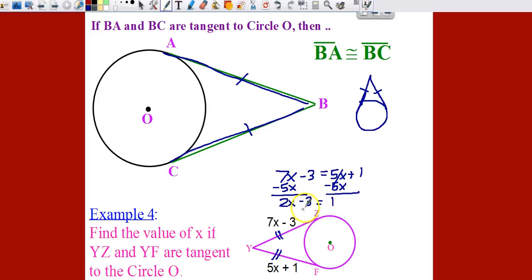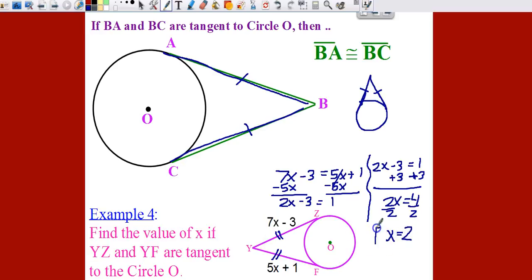Next step, solve for x, is to add 3 to both sides. So 2x is going to be 4. And when I divide by 2, x is going to be 2. So when you see something like those, the segments are equal, so set them equal to each other.